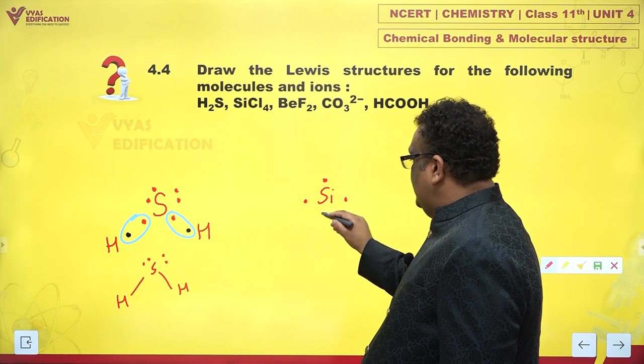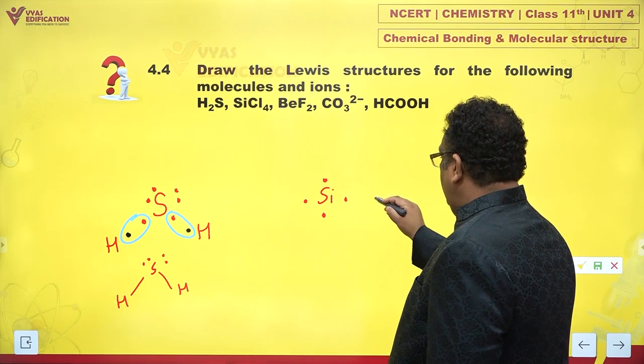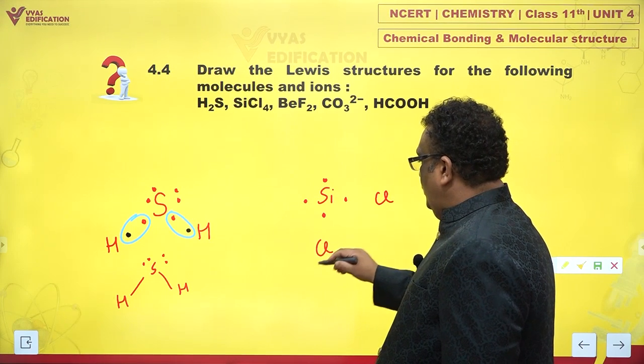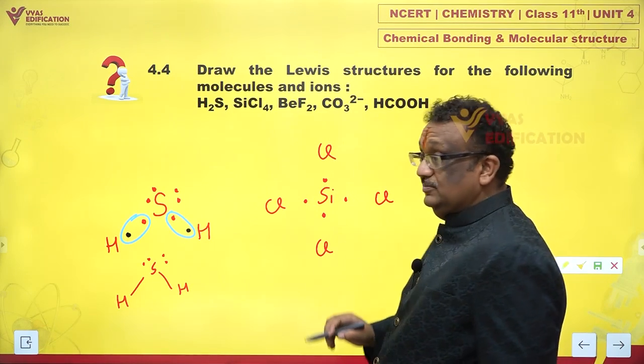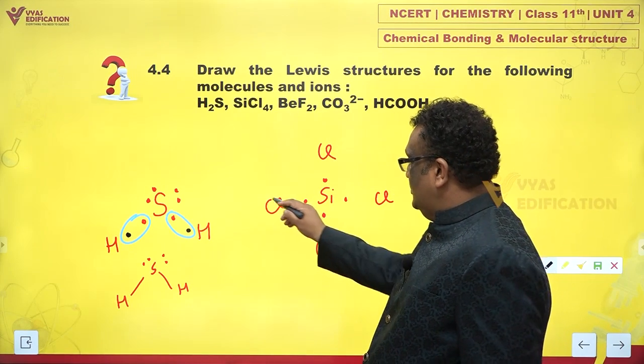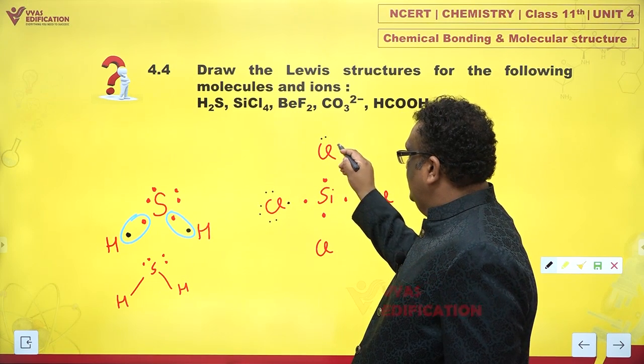What about SiCl4? Now silicon has 1, 2, 3, 4. Silicon has 4 valence electrons. Fine. And what about chlorine? Chlorine belongs to group 17, which means 7 valence electrons.